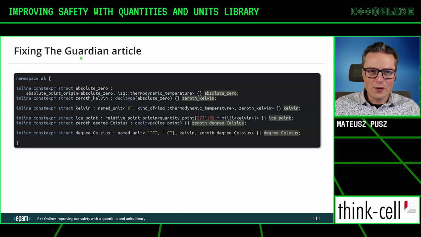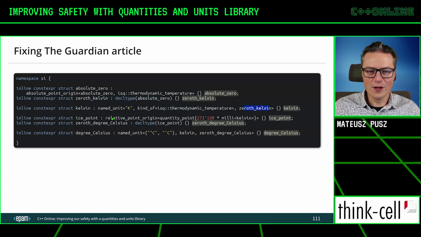So if you go back to our Guardian article that has an incorrect average value from Malawi, we can implement the SI system with those quantity points in mind, right? We provide absolute zero as an absolute point origin for temperature, and we say that 0 of Kelvin is the same as absolute zero, and we use this in the Kelvin definition.